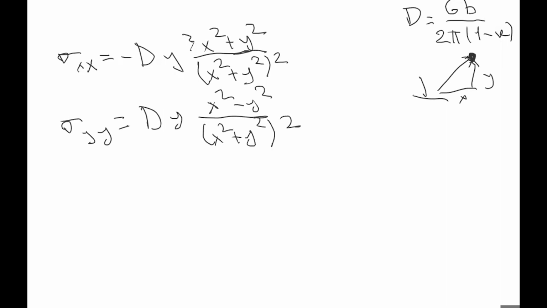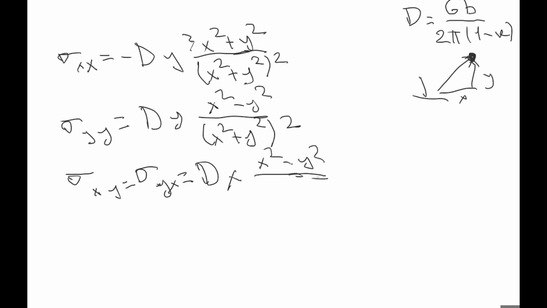Then sigma xy, which is equal to sigma yx, which is equal to d x times x squared minus y squared divided by x squared plus y squared, squared.